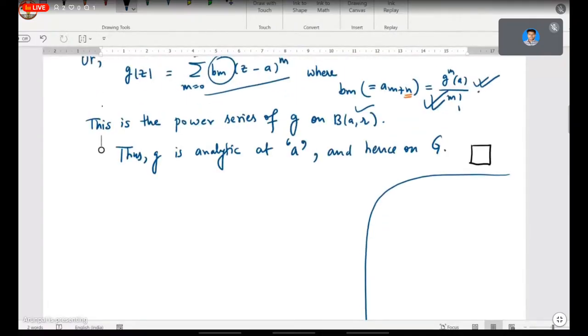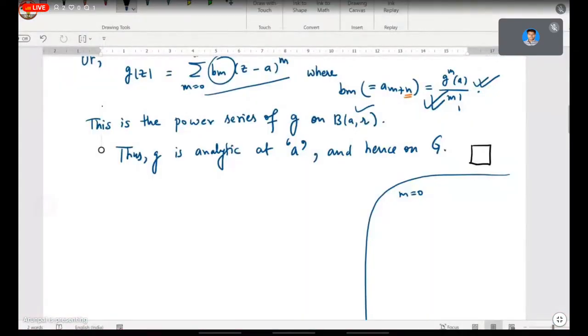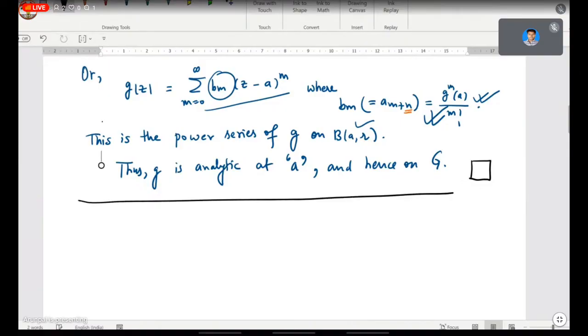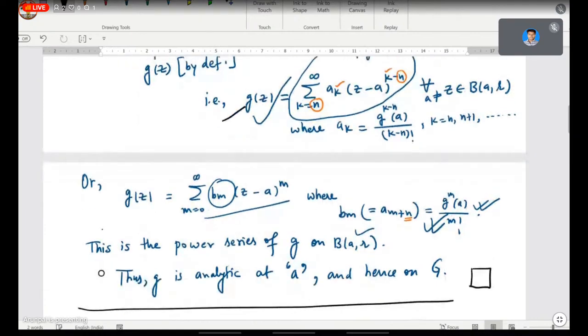Who asked me this? Arju. Yes sir. You take m equal to 0. No problem, this is up to you how you do it. Okay, I am explaining it now. Don't worry.